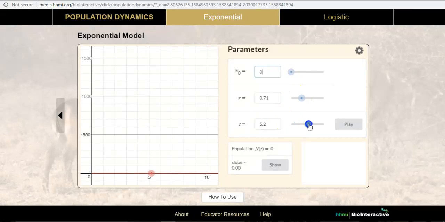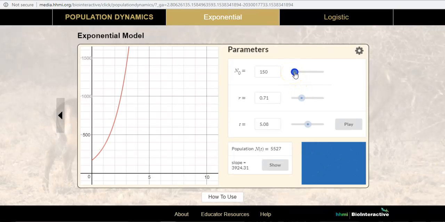So then I can change the time and see where the population is at 10 years. And then it even has a play, so it plays it through. Gives you the slope, gives you lots of mathematical adherence. So we adhere to numeracy here.